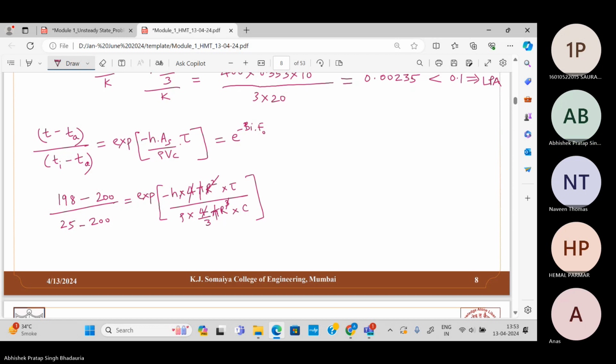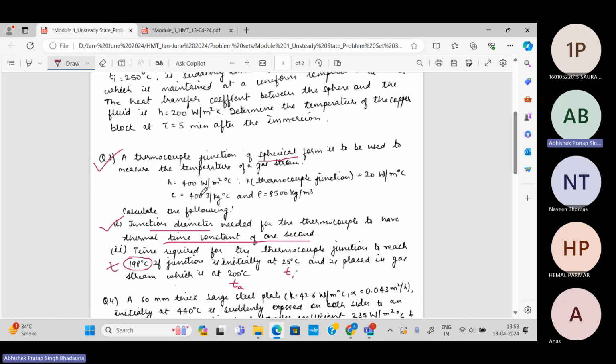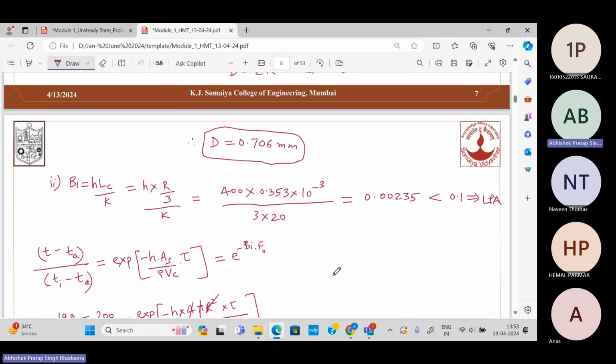Now you just put all the values. All the values are given.